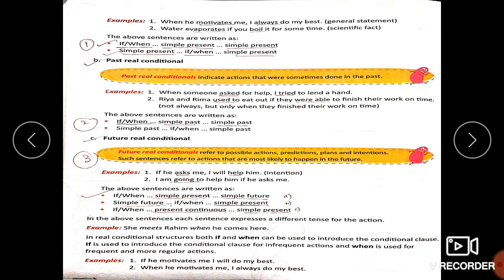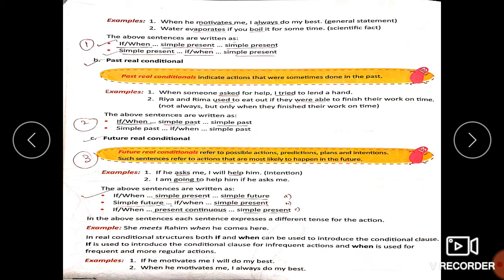It is usually the three structures that are followed for conditionals: if plus simple present plus will, if plus simple past plus simple past, if plus past perfect plus would have or should have or could have or might have. We will come to the last one later. We'll discuss that in detail later.